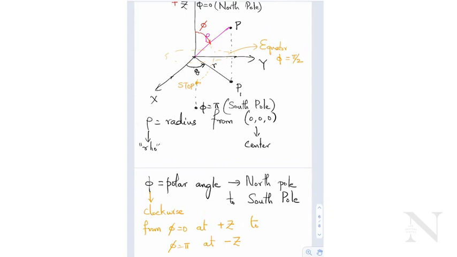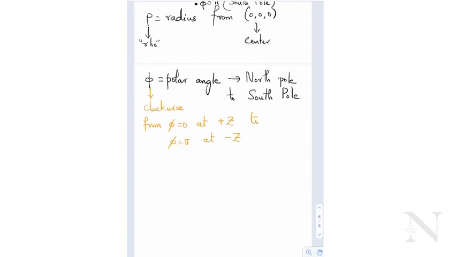Why is that? So let's draw a nice, beautiful picture of a planet. So assume that's your Earth. This is going to be a north pole. This is going to be a south pole. Remember that we are starting at phi equal to 0 here, and this is the equator.